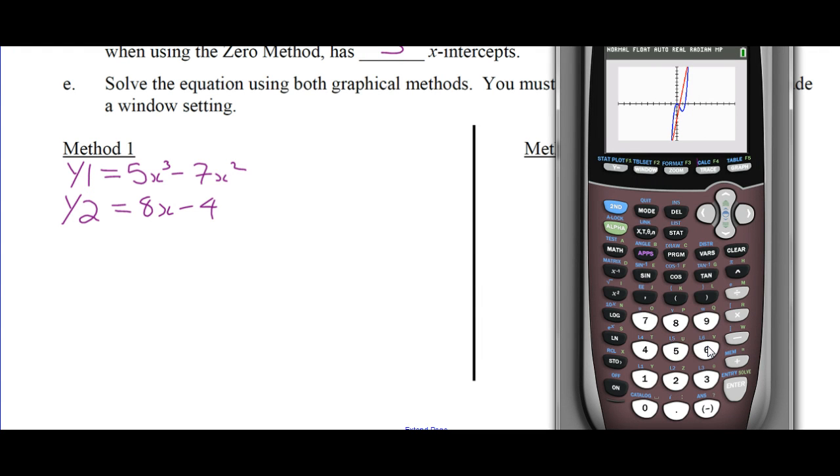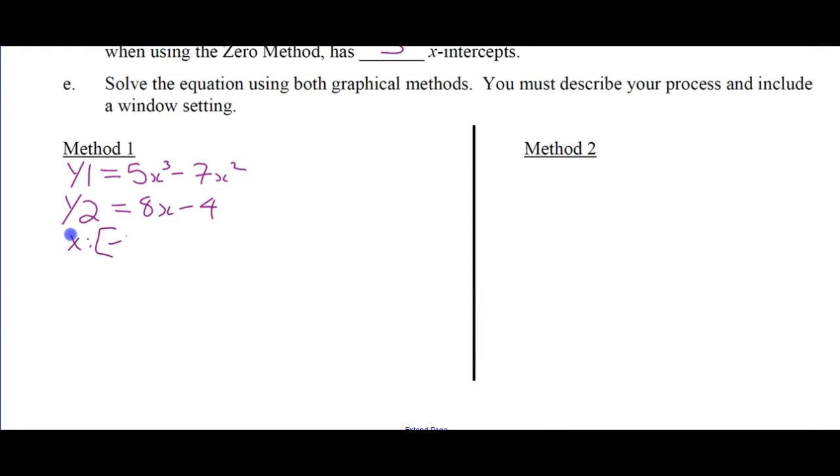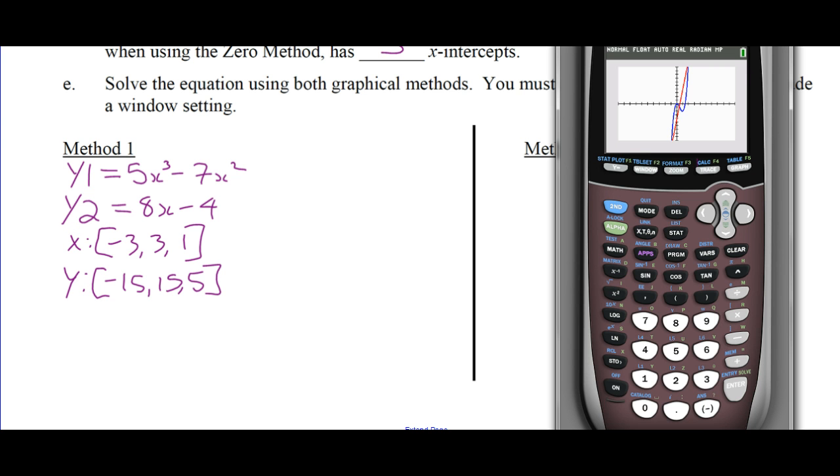So my x, I'm going to go negative 3 to 3 by 1, and my y, I'm going to go negative 15 to 15 by 5s, because that goes into everything. So reset the window and regraph.